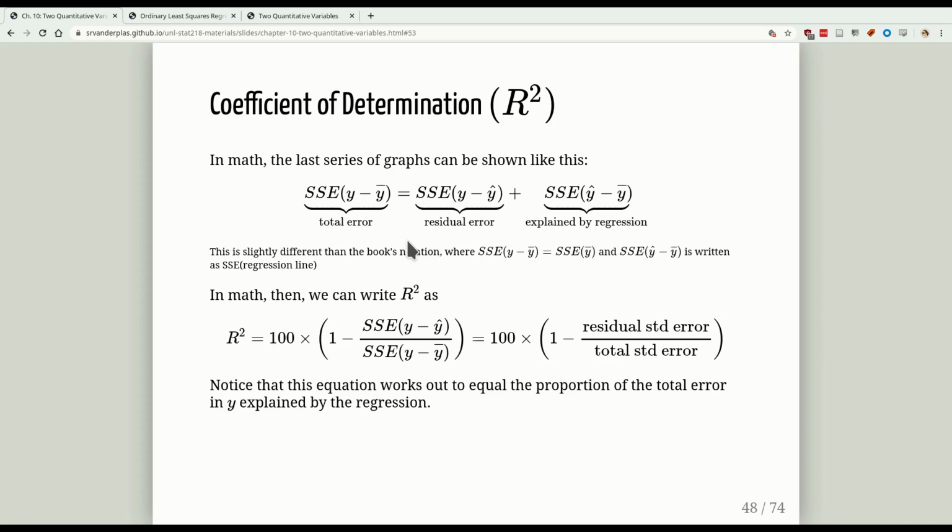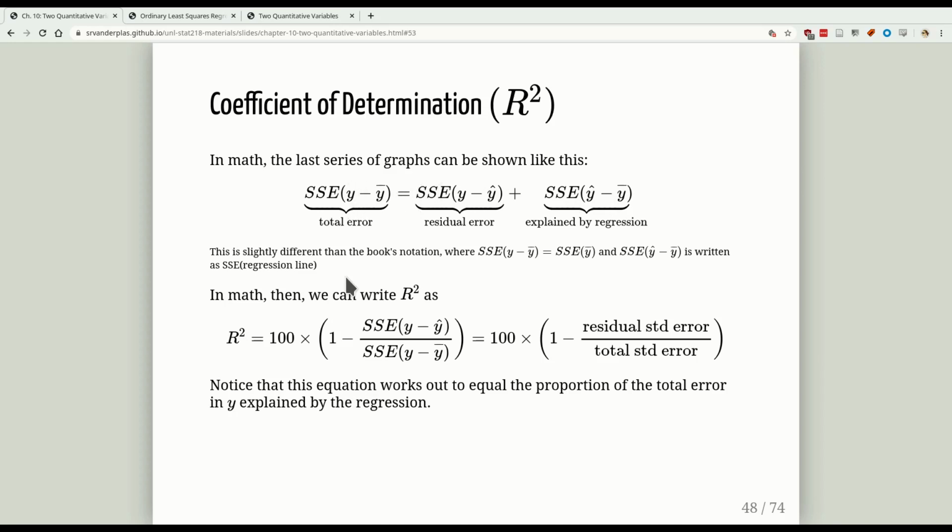That's the stuff that the regression does explain. I'm using slightly different notation than the book because I think it's a little clearer why this would be true. You can see that in y minus y hat plus y hat minus y bar, the y hats would cancel, and you'd end up with the same sums of squared errors.